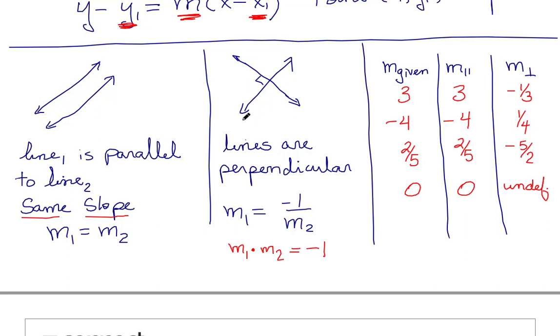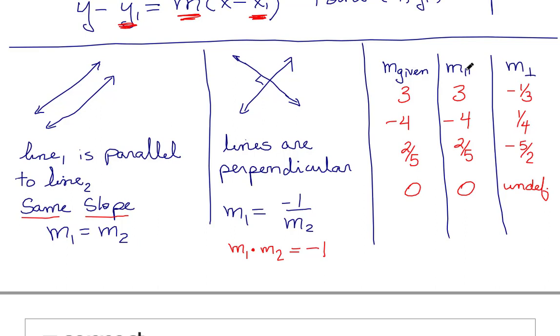So by looking at the lines, you can already see one of them is positive and one of them is negative. And it turns out that the relationship between the two slopes is that the product of them has got to be -1. Another way of looking at this is to say one of them is the negative reciprocal of the other. Let's see what that means in practice.